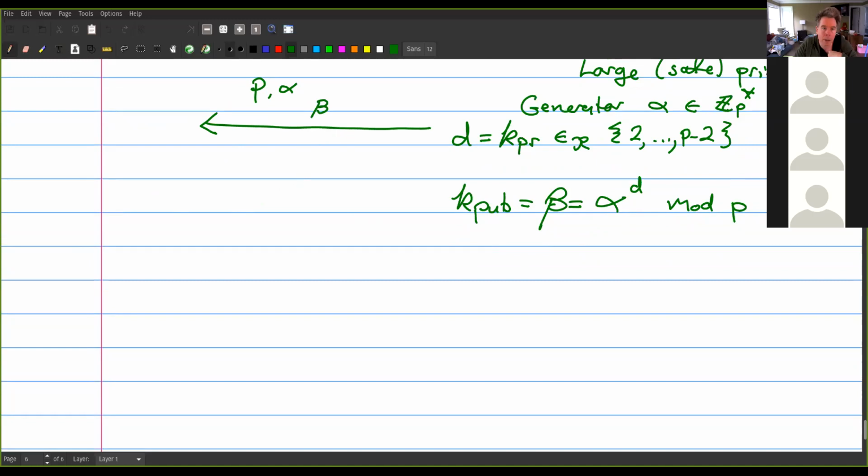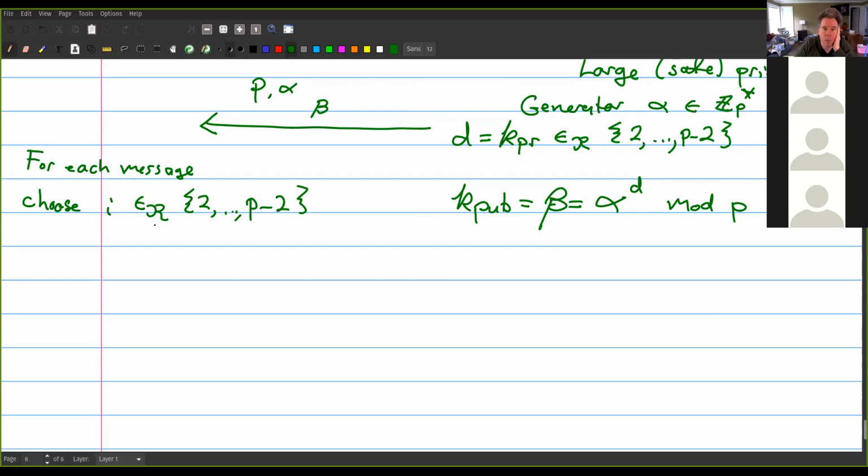But Alice does have to change things every time she sends a message because she wants to avoid repeating a key. So for each message, she chooses some I uniformly at random from the set 2 to P minus 2.